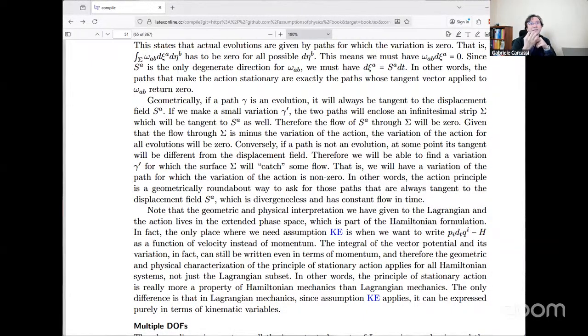So now it makes sense that if I take a slice at equal time, so that I get a degree of freedom, of course I will need trajectories to go through it, because a trajectory has to go through every slice, right? I can't have a trajectory that goes along a degree of freedom. But if I take a slice that is parallel to the direction of the flow, then that is not going to catch any evolution.